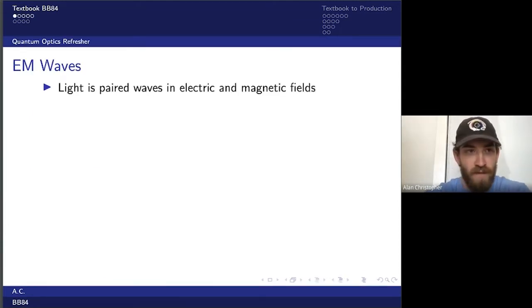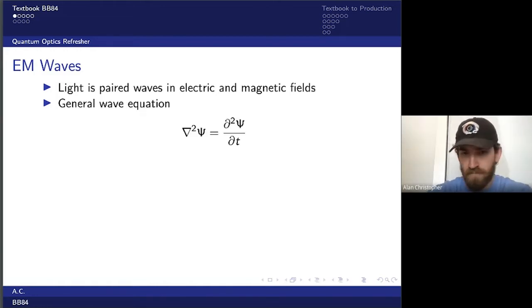We're going to be making heavy use of light, and specifically photons, in BB84. It'll therefore be helpful if we remind ourselves a little of how light works. At the most fundamental level, we probably all recall that light is two waves that always complement one another: one in an electric field and one in a magnetic field.